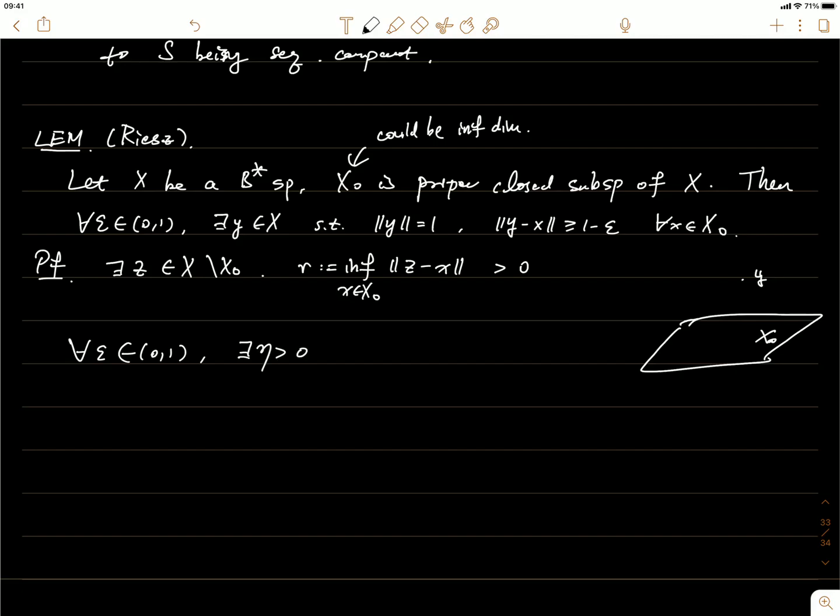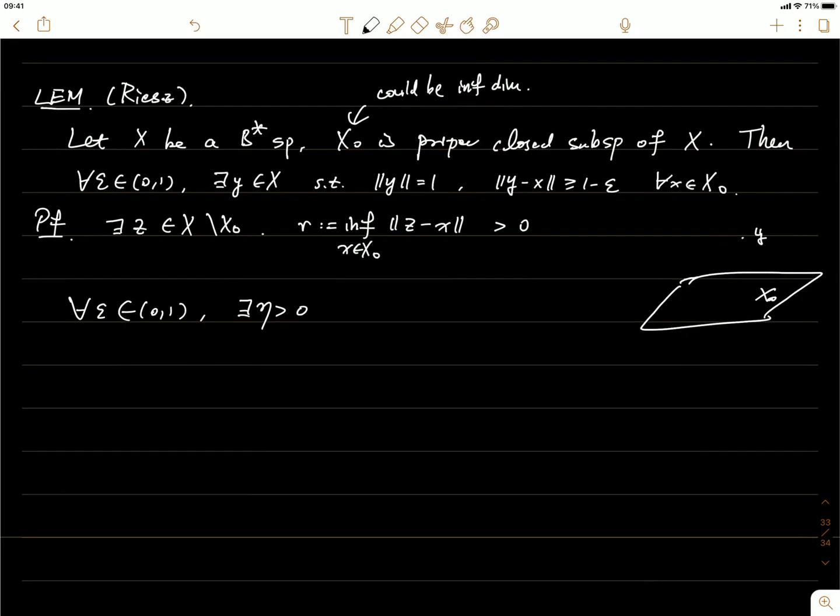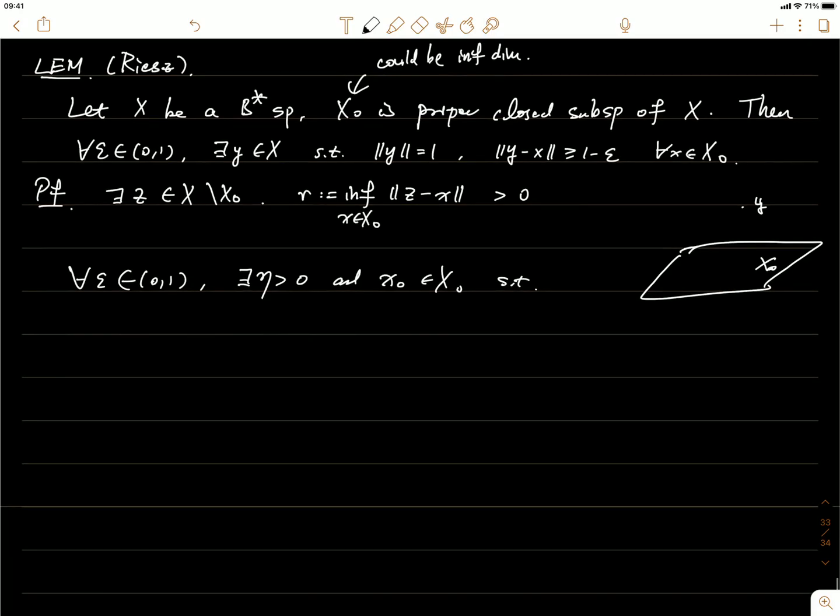I'm going to specify what this eta needs to be, but I know that there must exist some eta and also some x naught such that r is less than this distance, but it's also less than r plus eta.